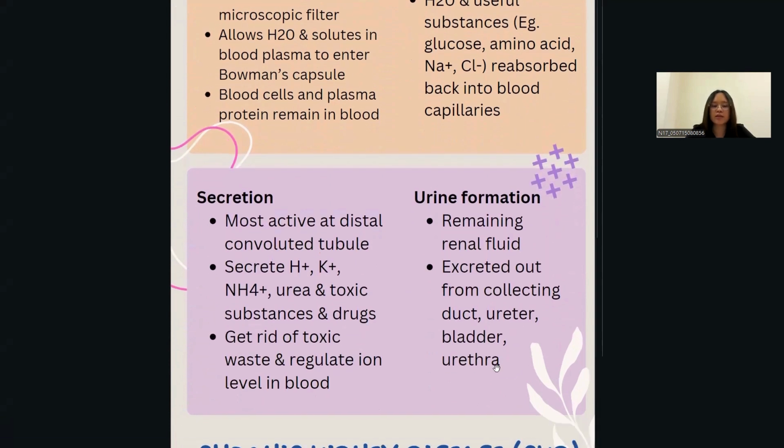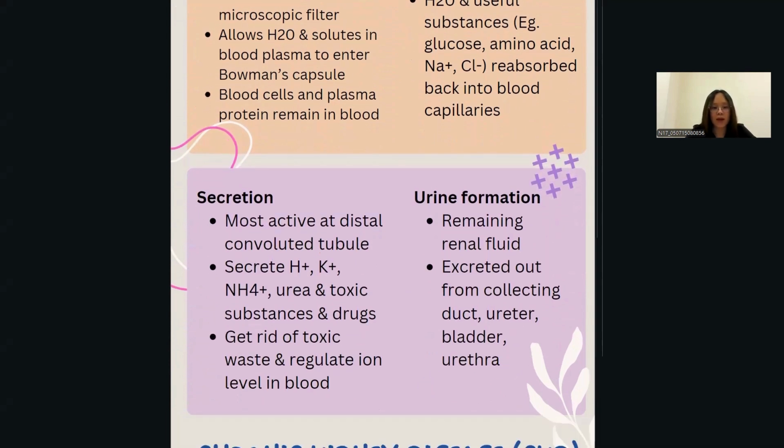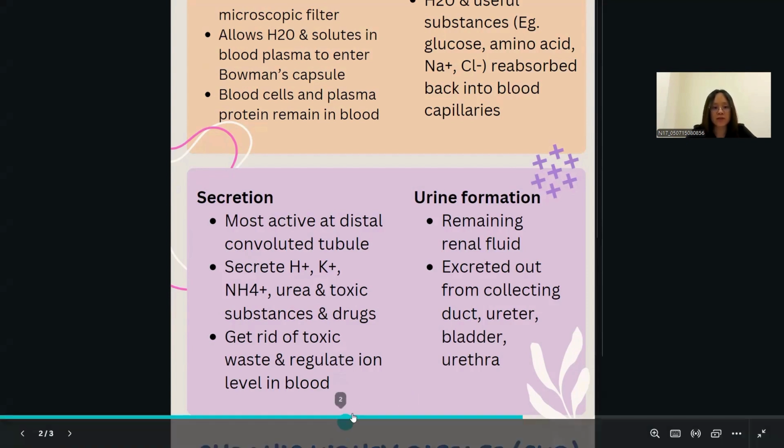For secretion, it is most active at the distal convoluted tubule, and it will secrete hydrogen ion, potassium ion, ammonium ion, urea, and toxic substances, as well as drugs, so as to get rid of the toxic waste and also regulate the acid level in the blood.